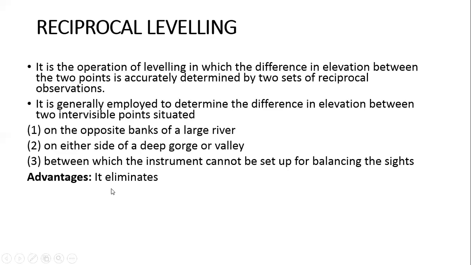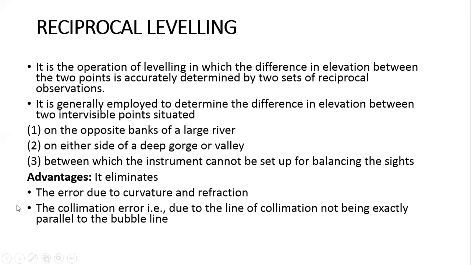So what are the advantages of this method? It eliminates, number one, the error due to curvature and refraction. This error is automatically eliminated if you apply the procedure of reciprocal leveling. Second one is collimation error, that is due to the line of collimation not being exactly parallel to the bubble line. When there is a collimation error, the line of sight may be inclined up or down when the bubble is not in the center.